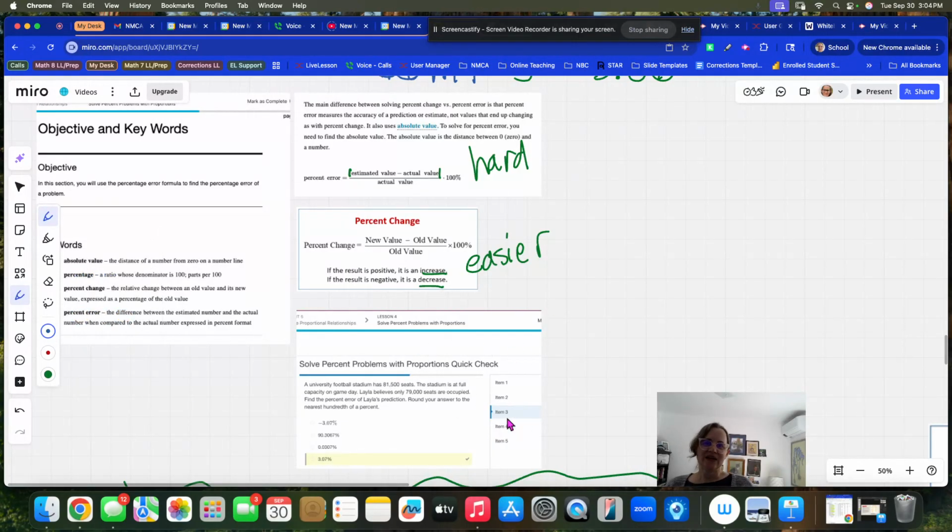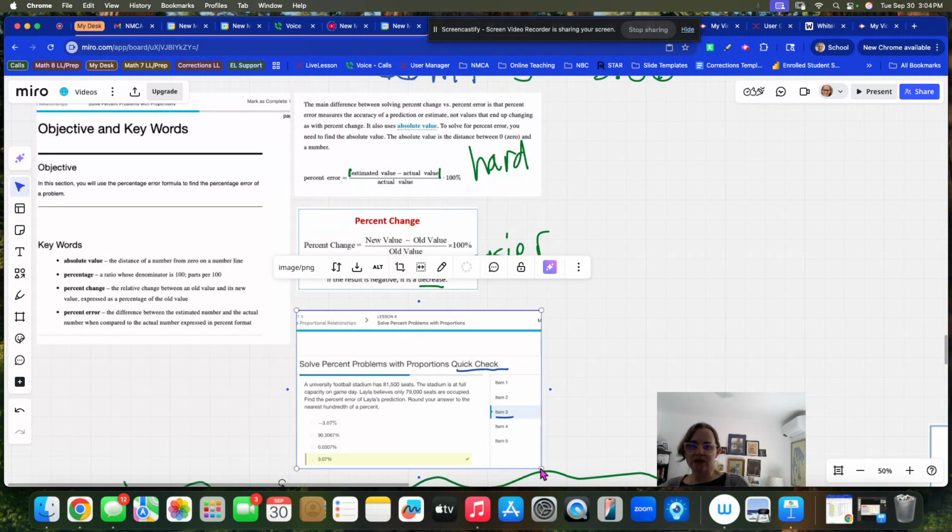Okay, so this is one of your quick check problems. It's item 3. It says a university football stadium has 81,500 seats. The stadium is full at its full capacity on game day.